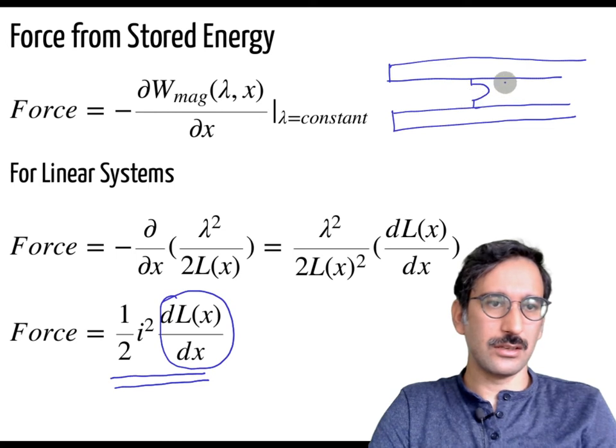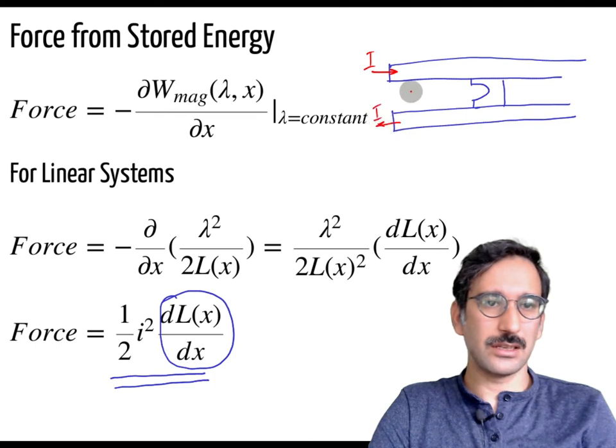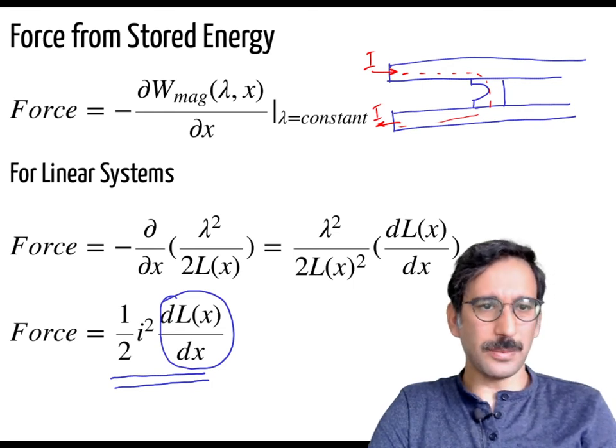Let's say there's a rail gun here, there's some current flowing through here, and it is creating some B in that direction.